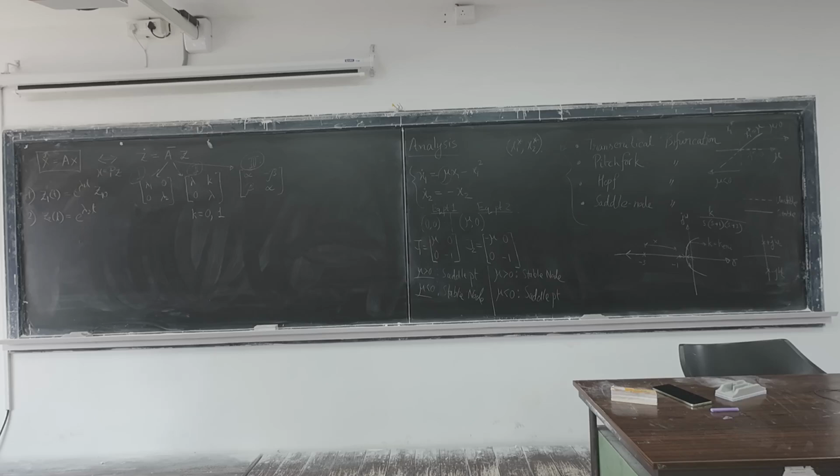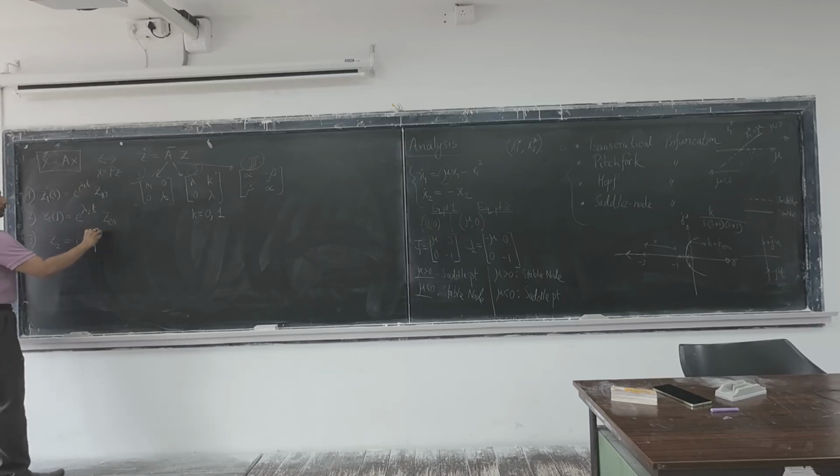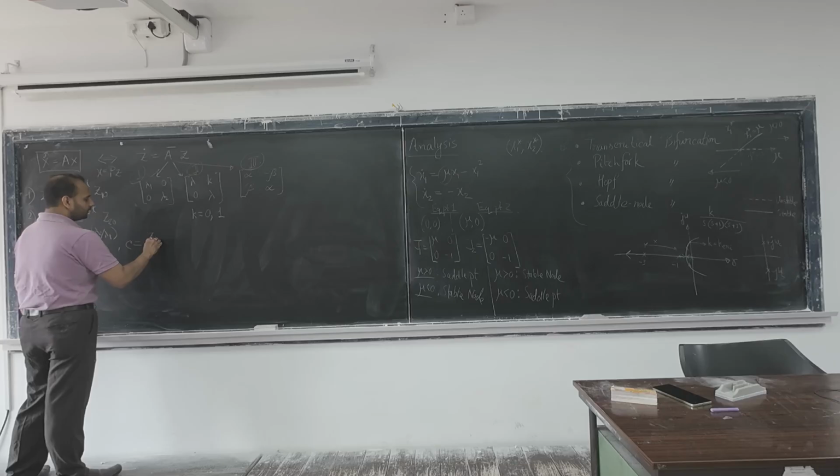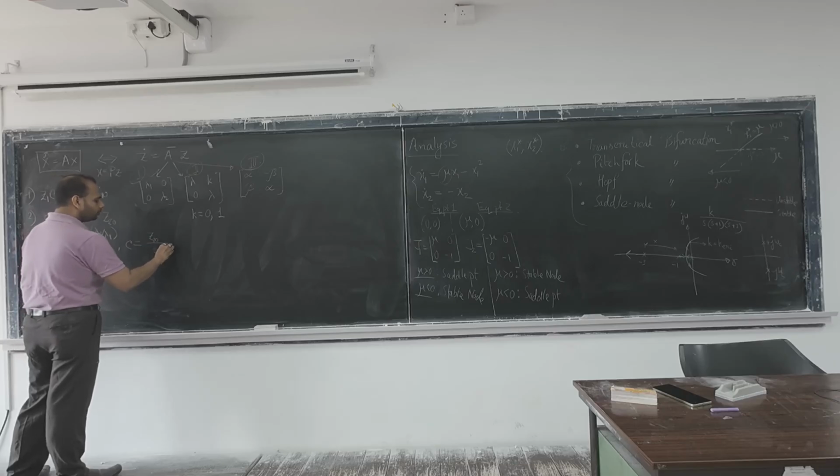Are you talking about the sign? But I haven't used sign, only lambda 1, lambda 2. Then third one, that is z2 equals C z1 to the power lambda 2 by lambda 1, where C equals z20 divided by z10 to the power lambda 2 by lambda 1.